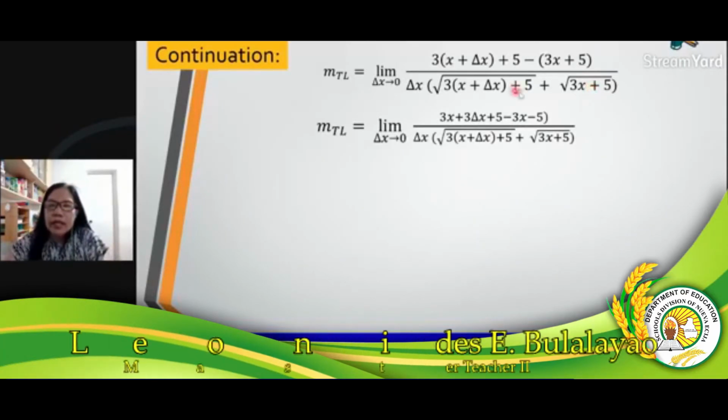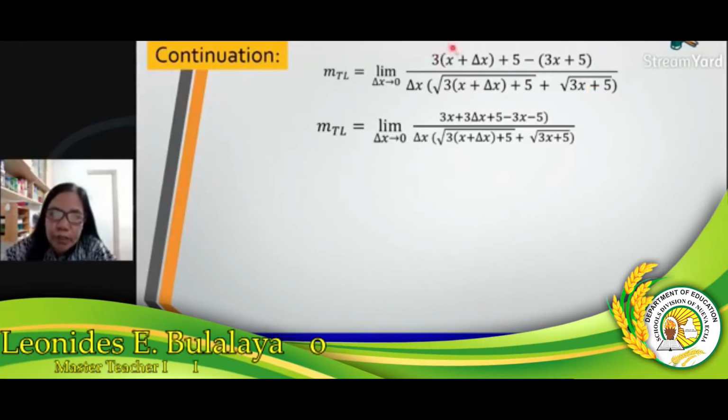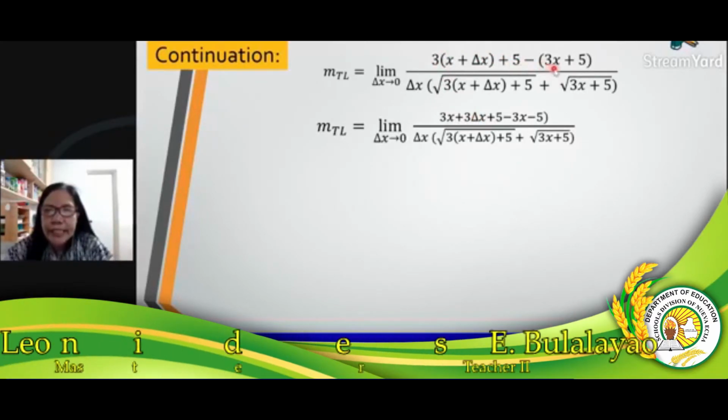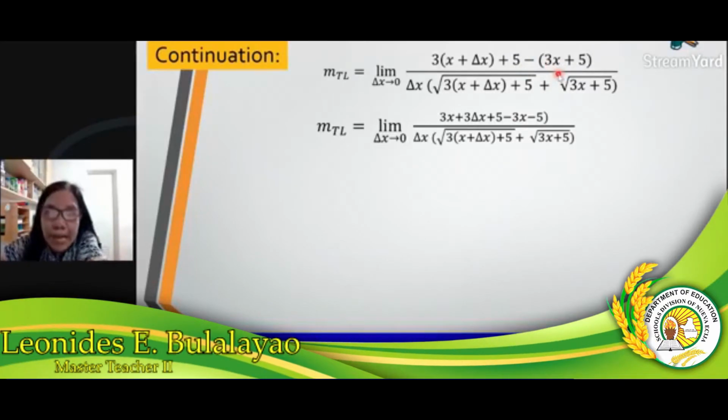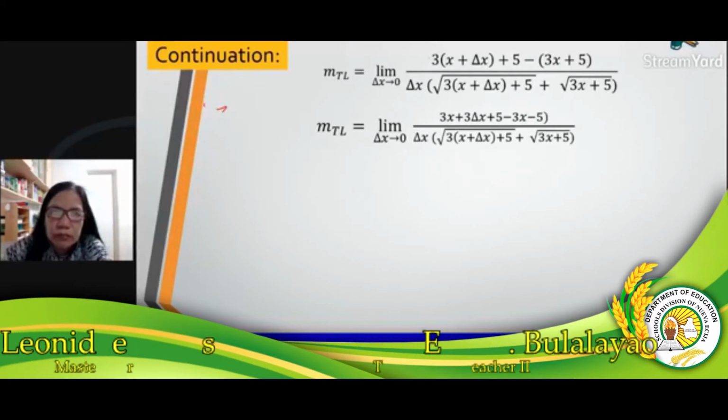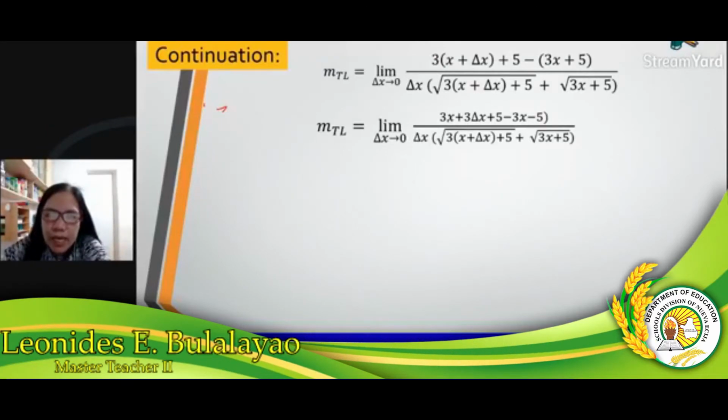So let us simplify the equation. By the distributive property, we have 3x plus 3 delta x plus 5 minus 3x minus 5. So we have 3x minus 3x, and then plus 5 minus 5.